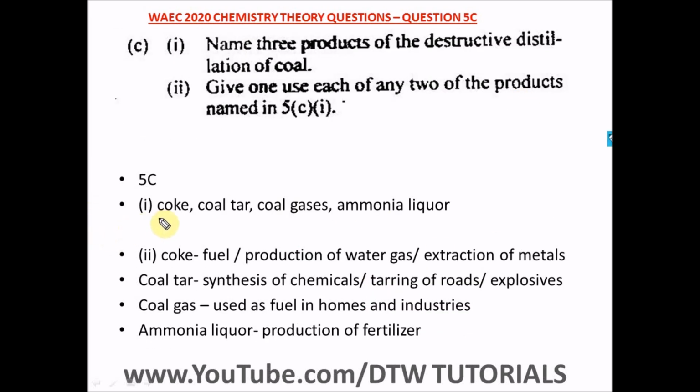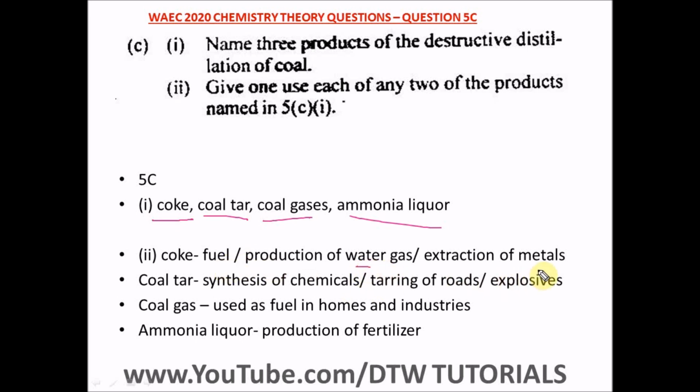Number 5C. WAEC 2020 chemistry question. Name three products of the destructive distillation of coal and give one use each of the products named. So we have coke, we have coal tar, you have coal gas, you have ammonia liquor. So these are products of destructive distillation of coal. We use coke as fuel. We use it in the production of water gas.